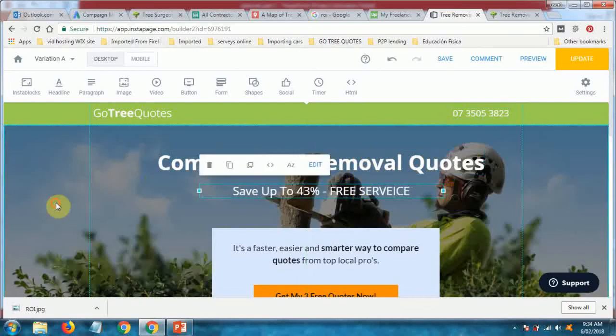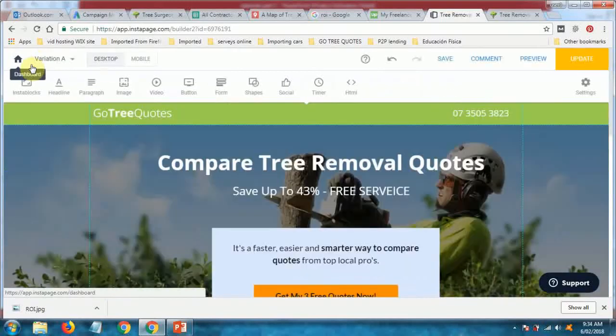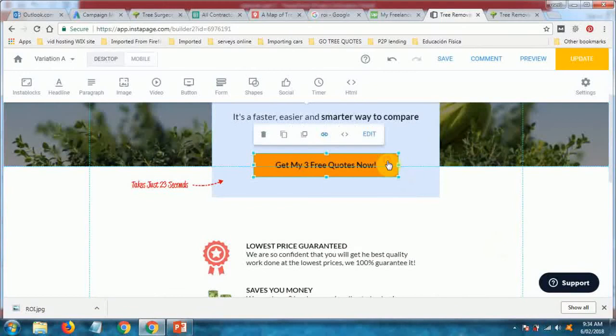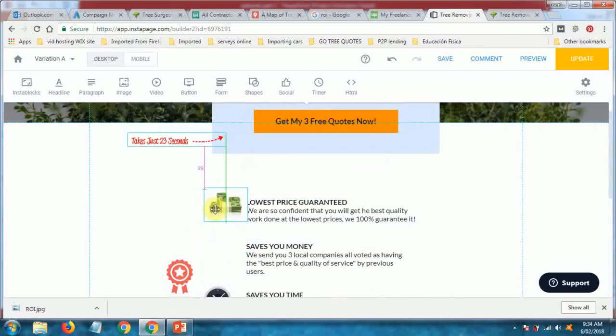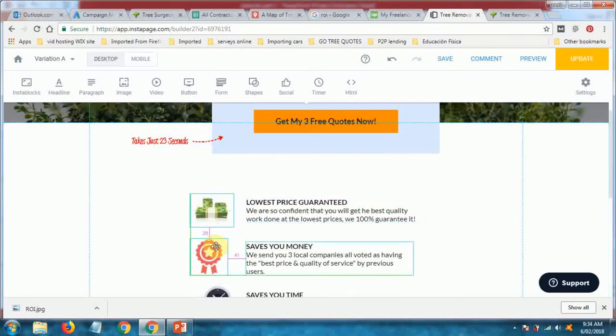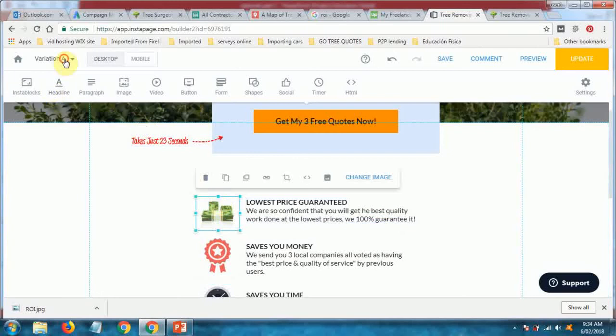I can go in here and change the picture at the back. I can change so many parts of it. I can change the color of that button if I wanted to, where it links to. I could swap these two around if I wanted to. So it's basically like a website, but it's not really a website. It's a landing page. So it's super easy.